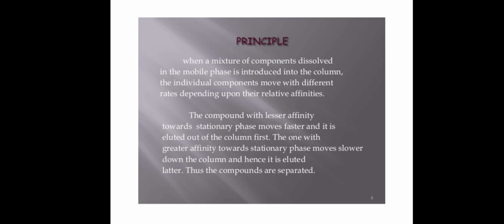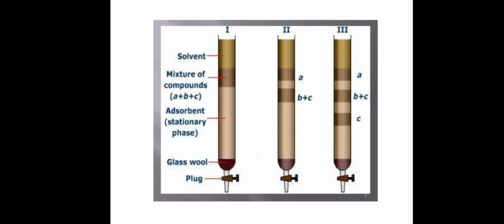The compound with lesser affinity towards the stationary phase moves faster and is eluted out of the column first, and then one by one the second, third, fourth and fifth. This is the basic principle of column chromatography. It is one of the important separation techniques.